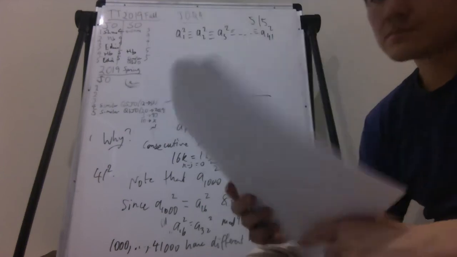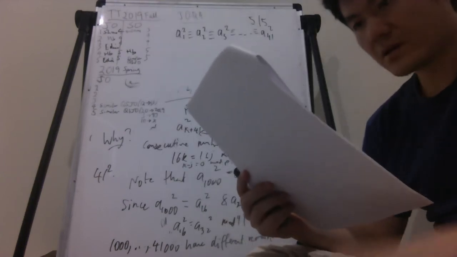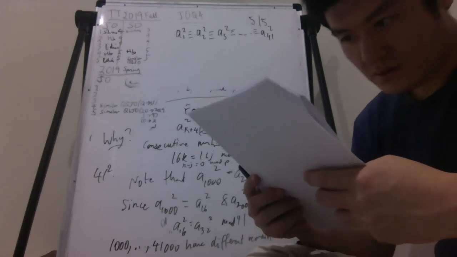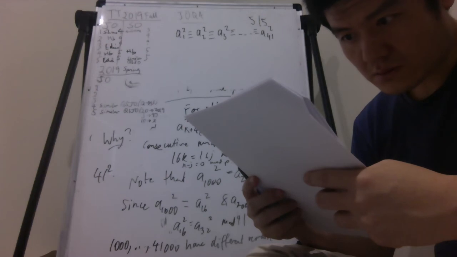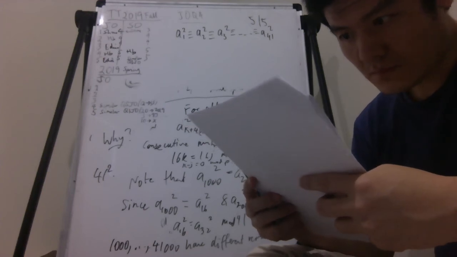What does that mean? This means that a to 1,000, what's a1?